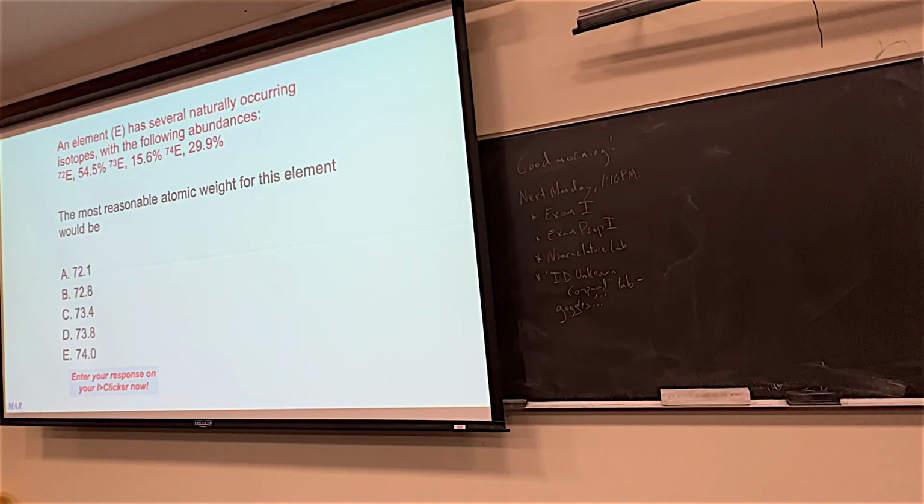So think about what the best value for the atomic weight, atomic mass of this element would be. There's a math way to do this problem, and there's also kind of a hand-waving way to do this problem if you think it through. And either way you do it is fantastic.